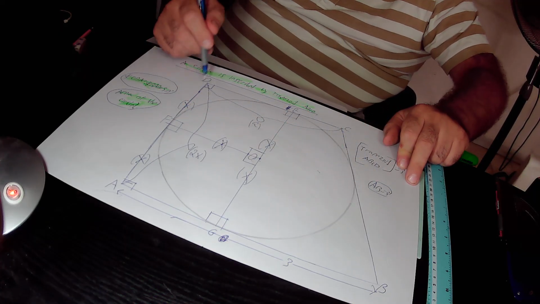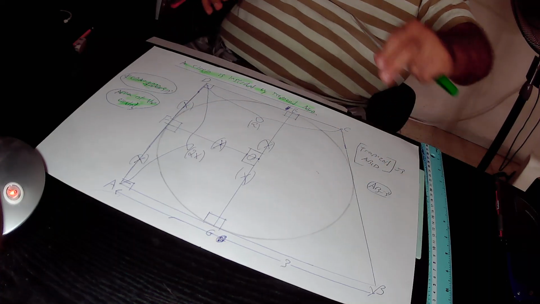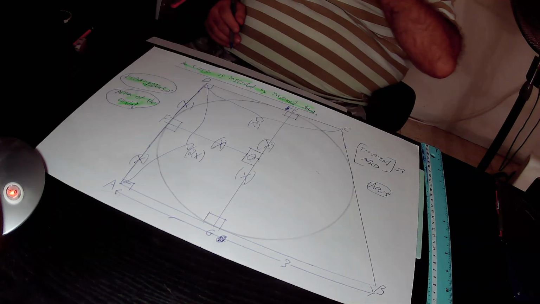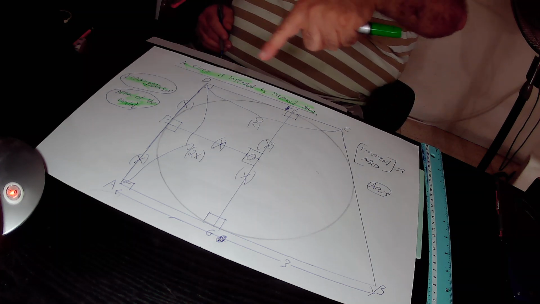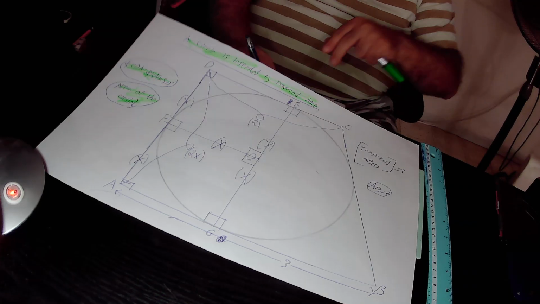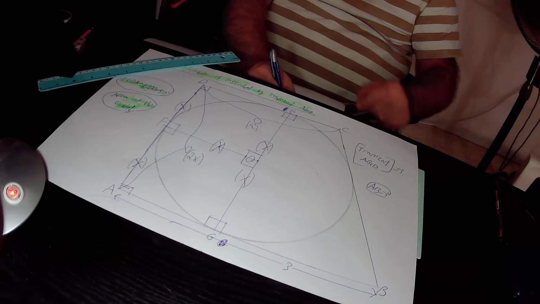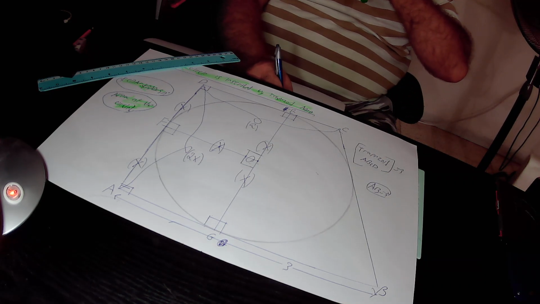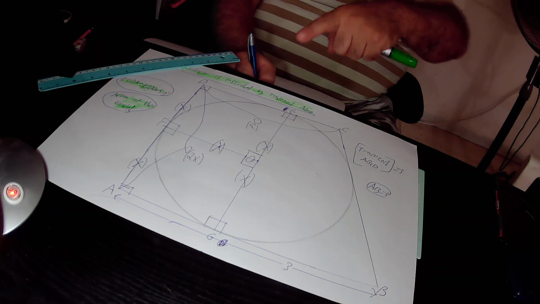Again, DA plus CB equals DC plus AB according to rule 2. So I will not repeat the same proof again. So we know that DA plus CB equals DC plus AB. So write it down: DA plus the opposite side CB equals DC plus AB.